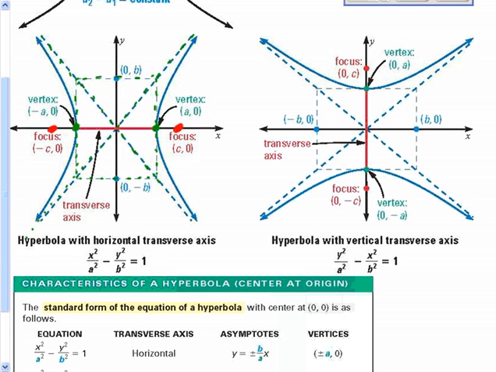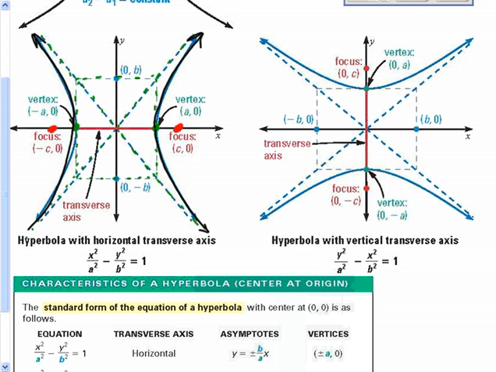So at the extremities, this hyperbola is going to approach those slant asymptotes. It gets closer and closer to those slant asymptotes, if you can imagine that. And that box just kind of helps us to draw that, if you will.